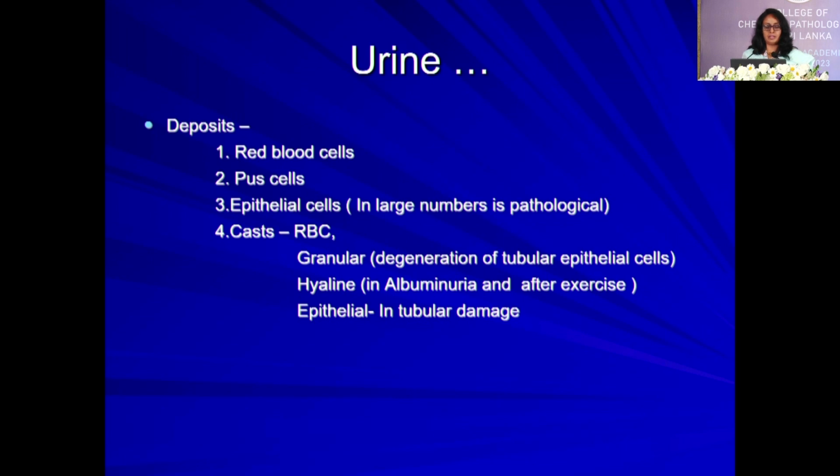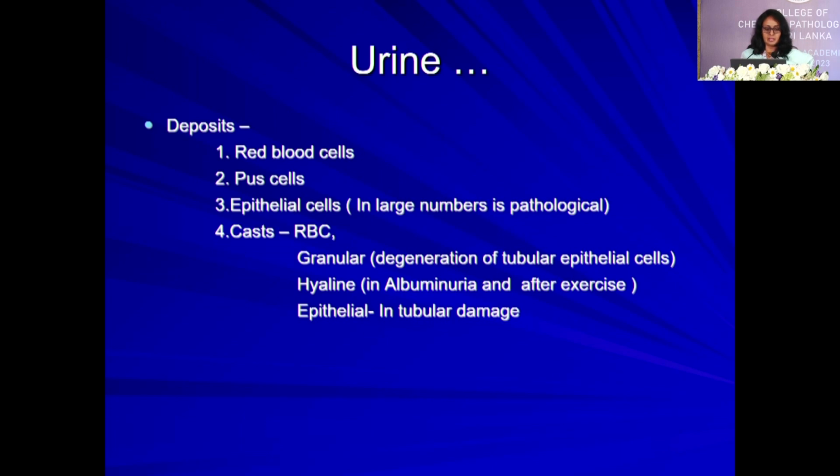When we go to deposits, there are so many deposits. We have to mention whether there are red blood cells, pus cells, or epithelial cells. Usually you can see epithelial cells, but if the epithelial cells are present in large numbers, that is pathological.